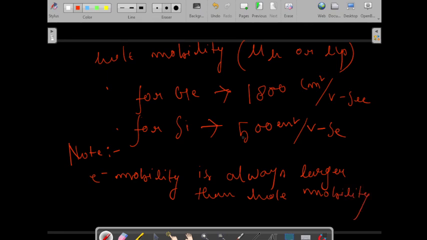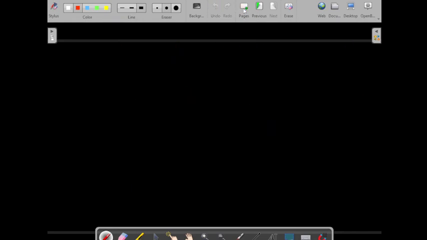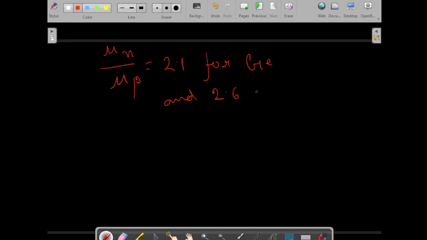From the exam point of view, you have to remember the ratio between mu n and mu p. The ratio of mu n and mu p is 2.1 for germanium and 2.6 for silicon.